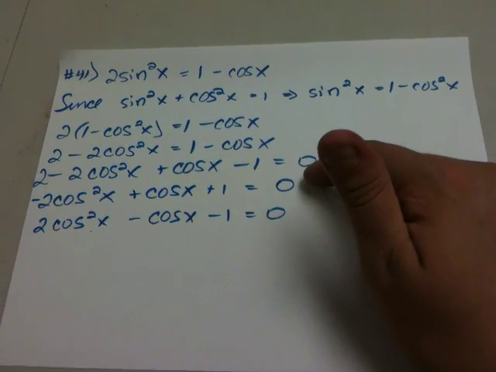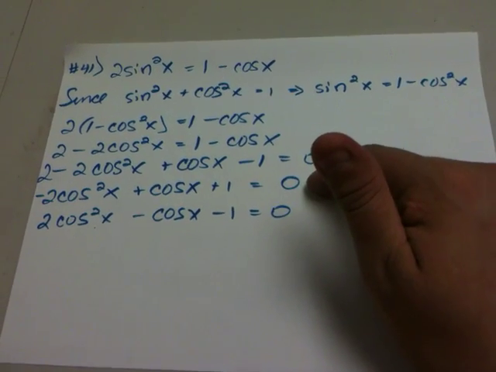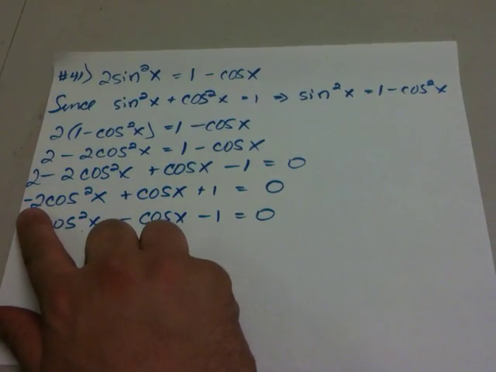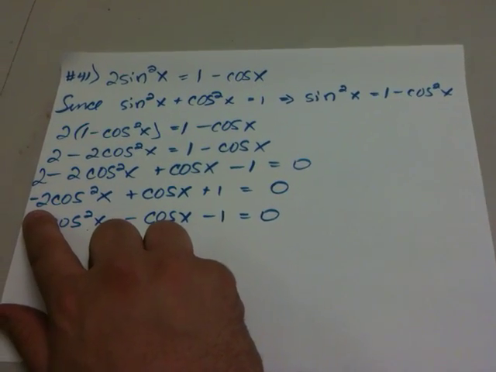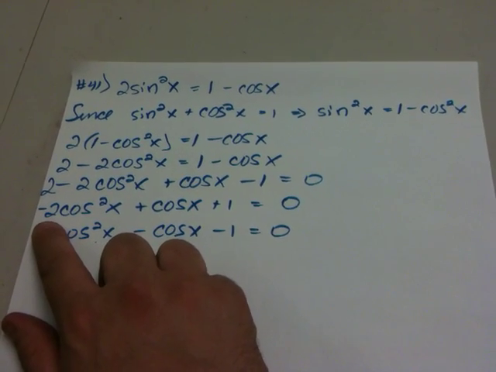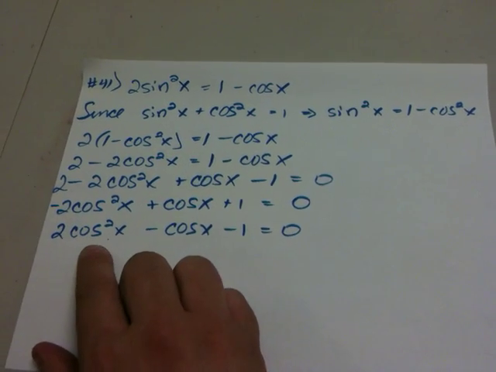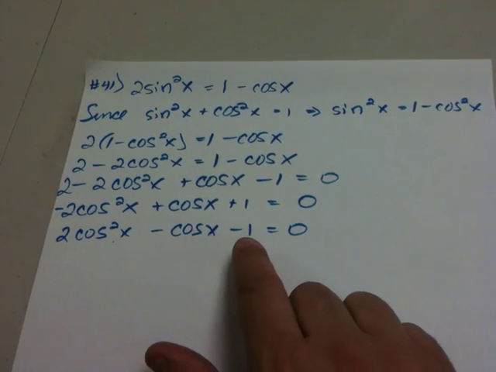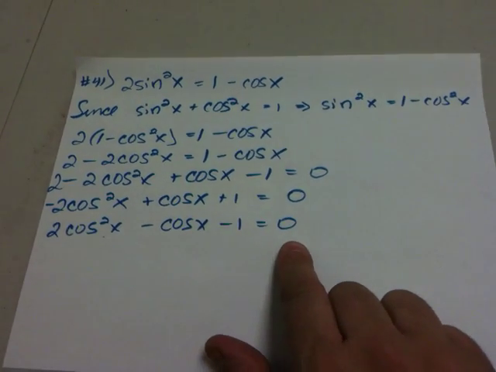Now, because I realize that there's going to be some factoring involved here, and I don't like the fact that the quadratic term is negative, that's going to make factoring more difficult, I chose to multiply everything through by a negative 1, which makes this last equation 2 cosine squared of x minus cosine of x minus 1 is equal to 0.